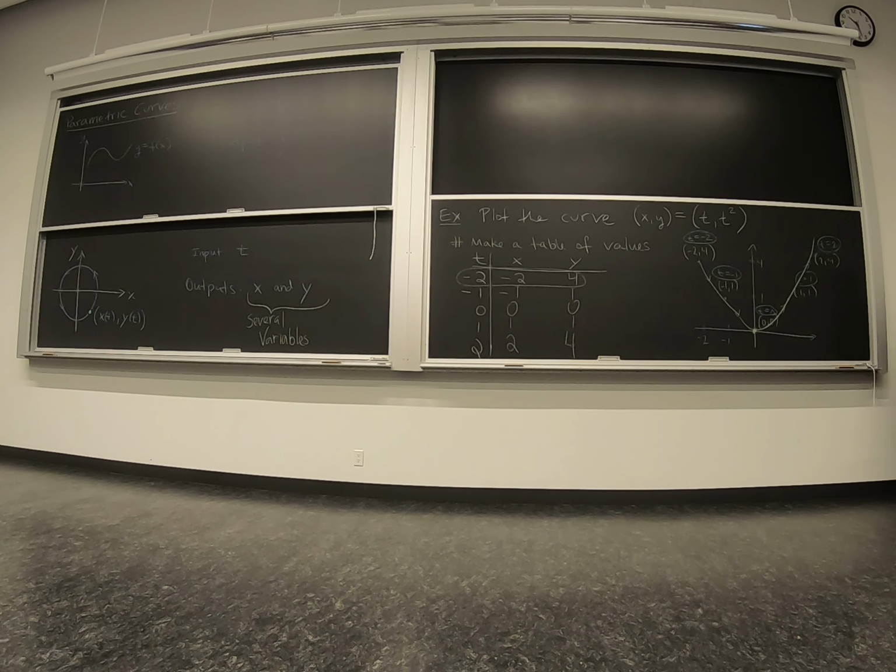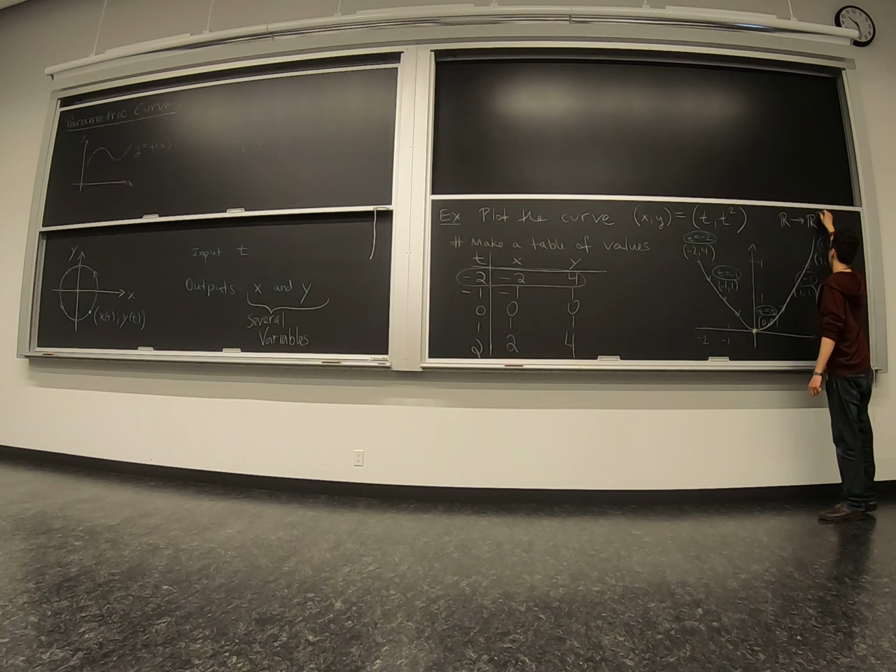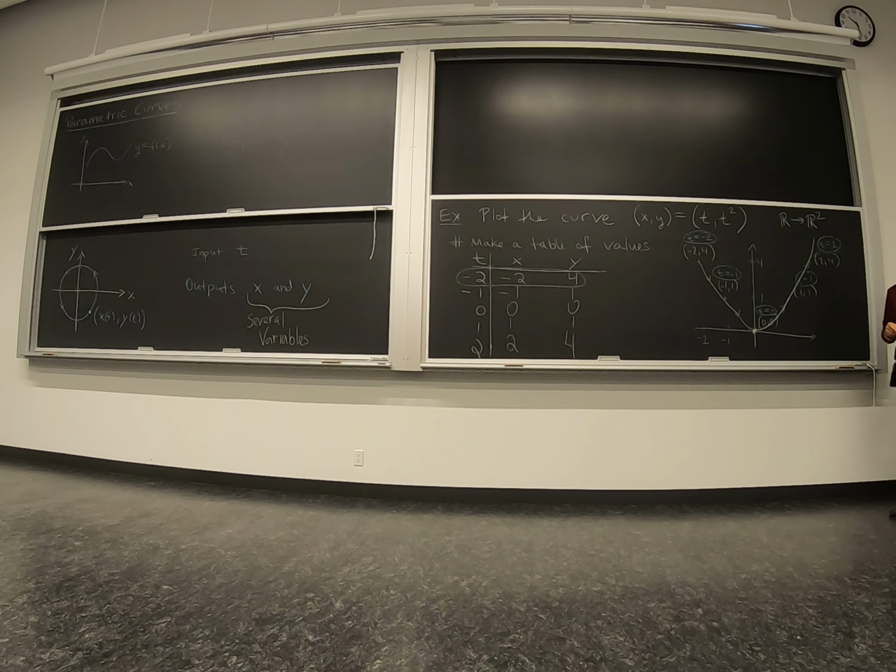Are there questions or thoughts so far? Yes? Why don't we plot them in R cubed? Aha, that's a sweet question. When we think about functions like this, here we've got a function that goes from R into R squared.